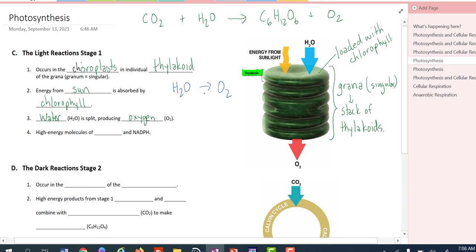What we get out of this are some high energy molecules in the form of ATP and NADPH. So we haven't even used the CO2 and we haven't made sugar yet. What we've done is split water, producing oxygen and these two molecules, ATP and NADPH. And that's what we need the sunlight for, basically energizing the chlorophyll to drive this reaction. That occurs in stage 1.